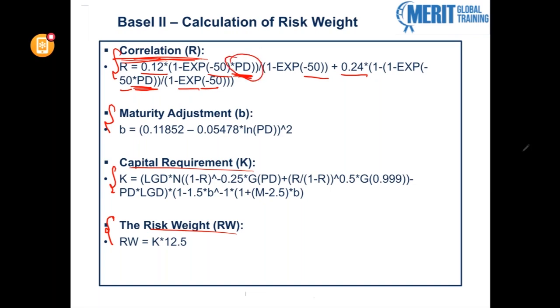We don't really need to focus on them, but what this correlation is measuring is the probability of default of assets that are within the same basket or highly correlated assets. And all you need to do is to input this PD value. So if I have a PD of 10%, then this value will be 0.10. Okay, and after getting this, the system will do the calculation.